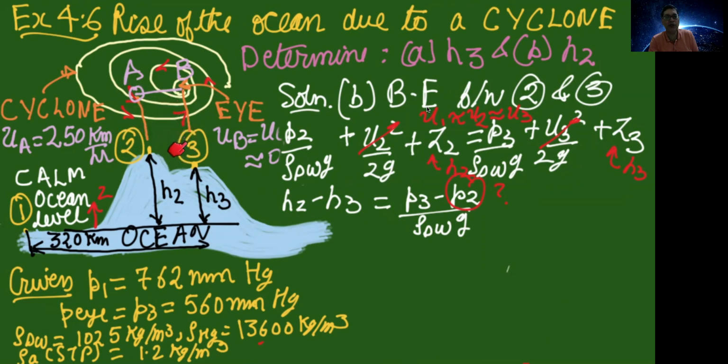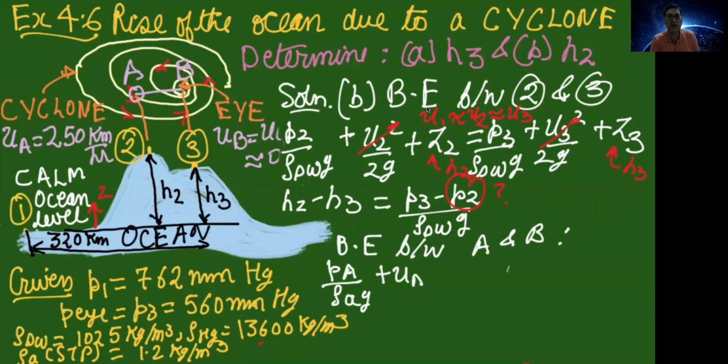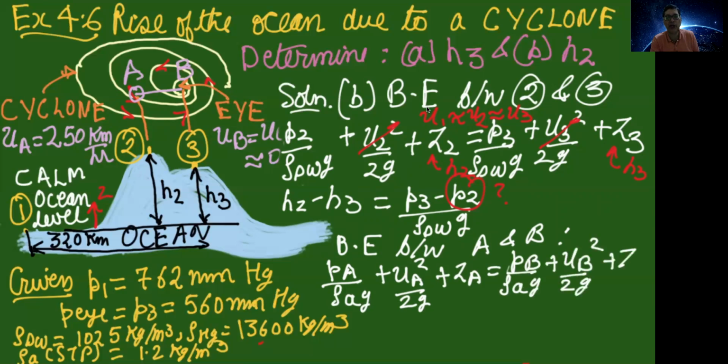So PB equals P3, and PA we are assuming to be equal to P2. To calculate this P2, we apply Bernoulli's equation between A and B. Note that till now, 1, 2, 3 correspond to the free surface of the sea, which is water. Now A and B correspond to air.